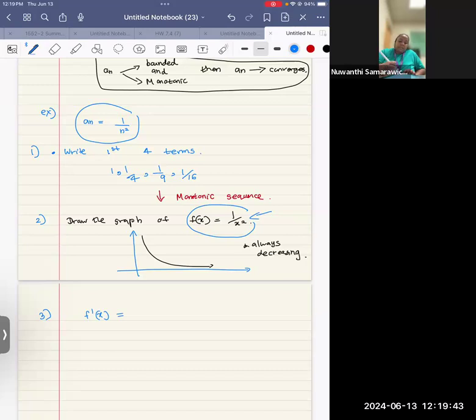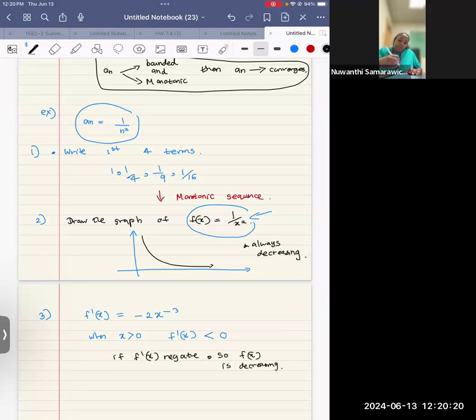Yes, it is negative 2 x to the power negative 3. So when x is greater than 0, if the first derivative is negative, then your function f(x) is decreasing.